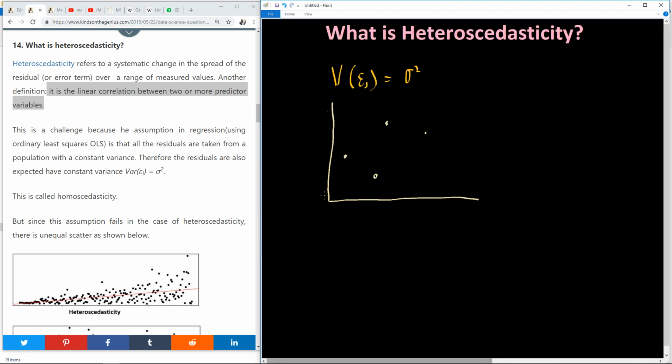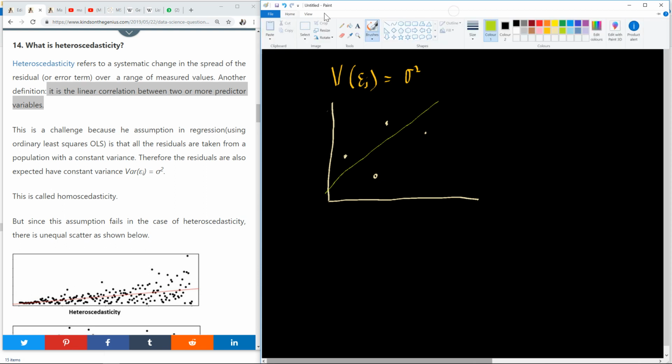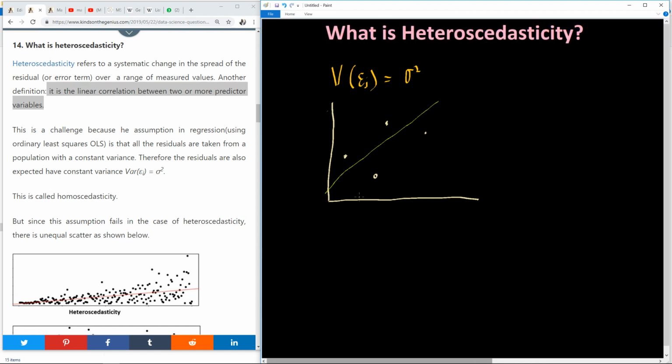We'll fit a regression line. And now we have error terms that are measured. So we have an error measured here, here, and here.